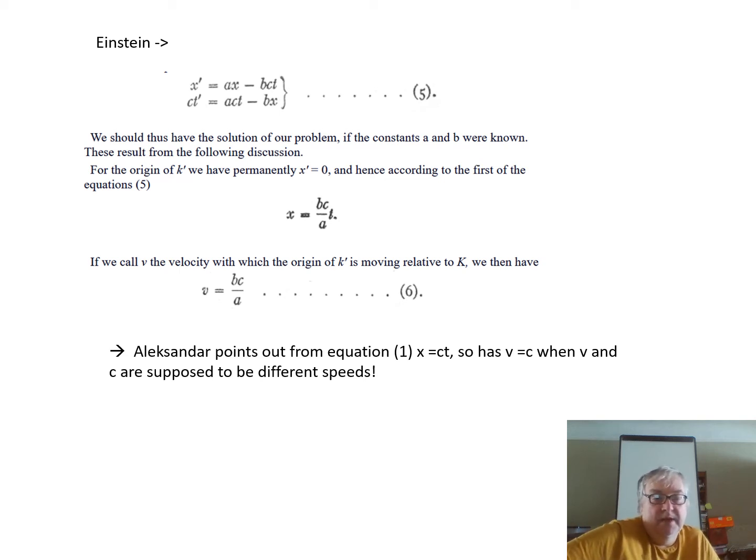If we call v the velocity with which the origin of k prime is moving relative to k, we then have equation 6, where v equals bc divided by a.